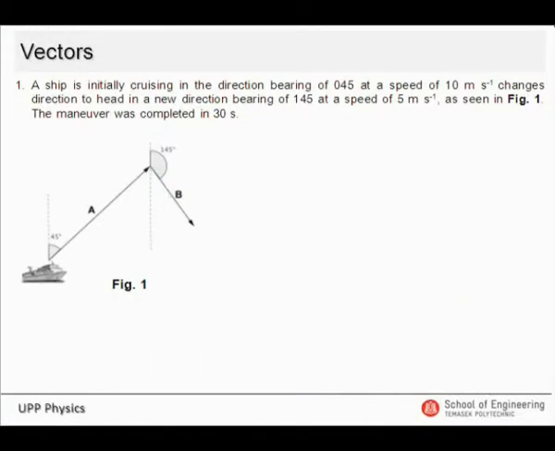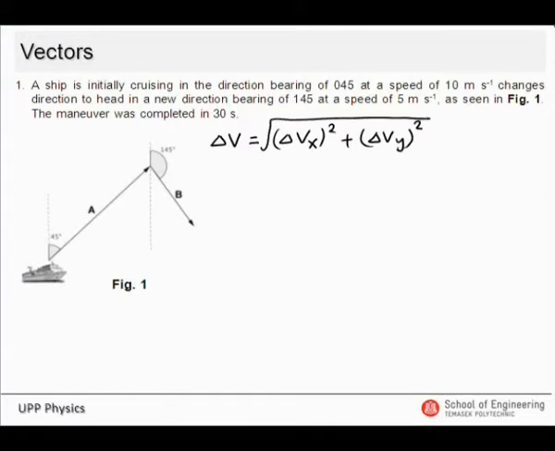So we got the components already. So then we will have the change in velocity, which is actually the square root of change in Vx whole thing squared plus change in Vy squared.